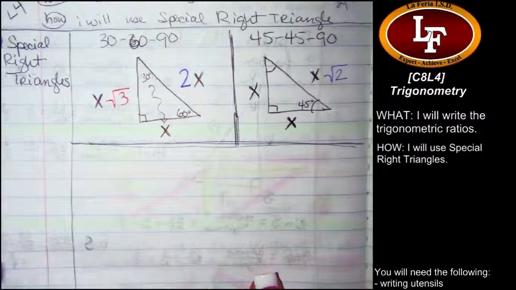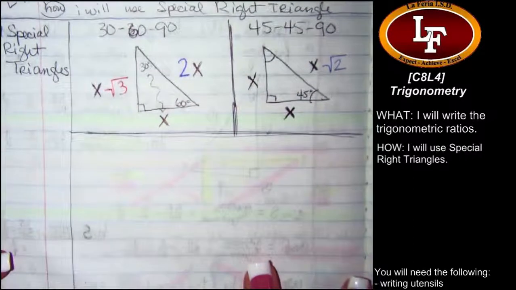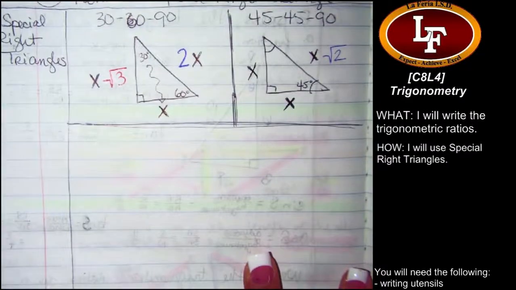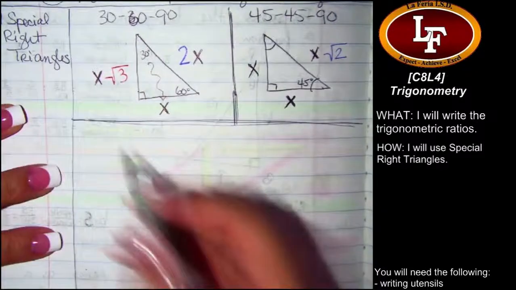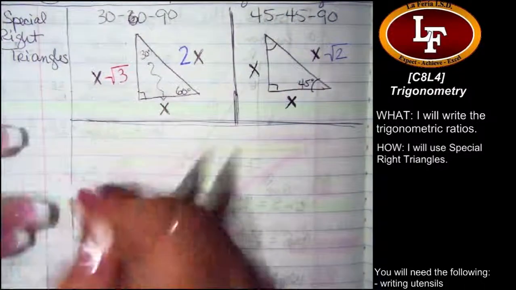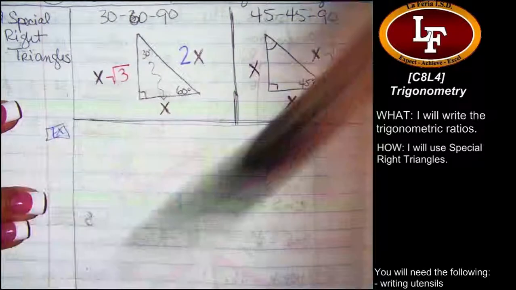I know that some of you are still having trouble because there's still a lot of assignments 8-3 out, which is where you had to do this over and over and over again. Okay. Let's go ahead and do our example.